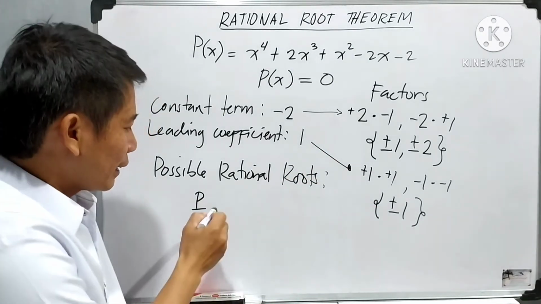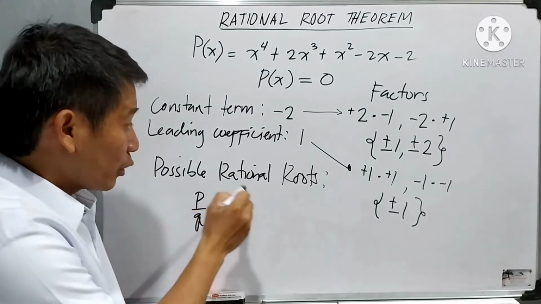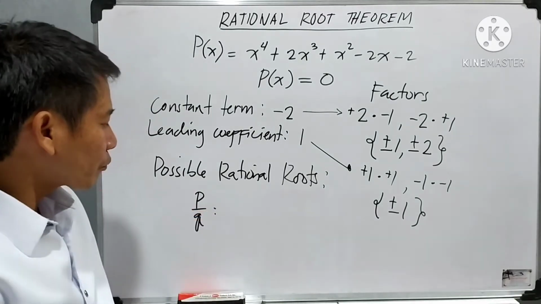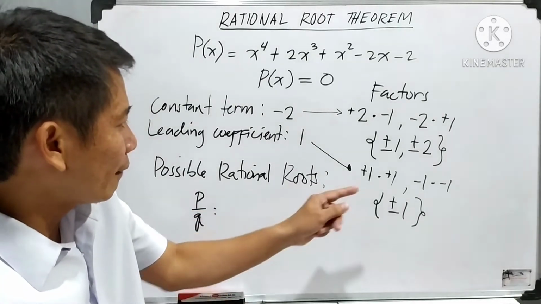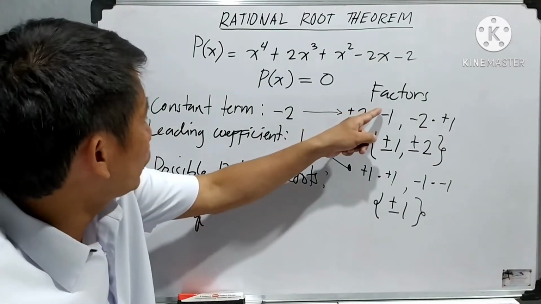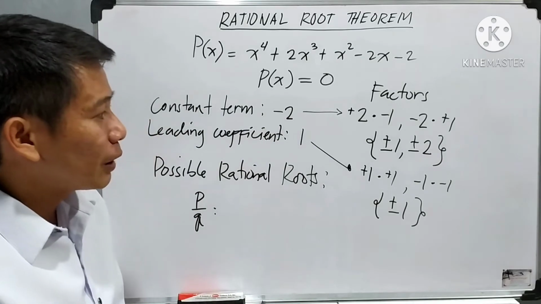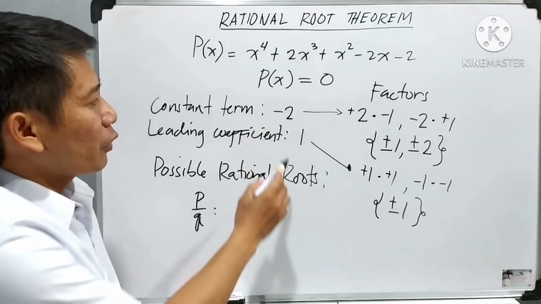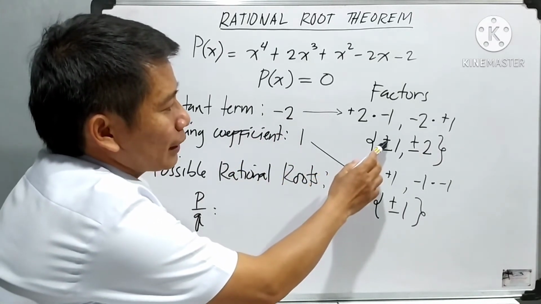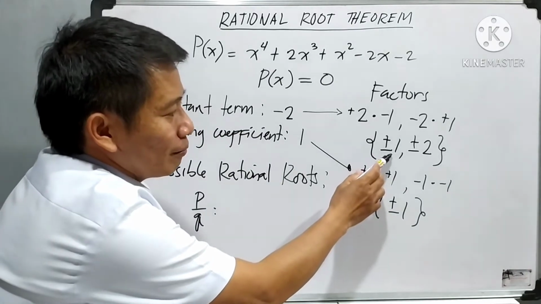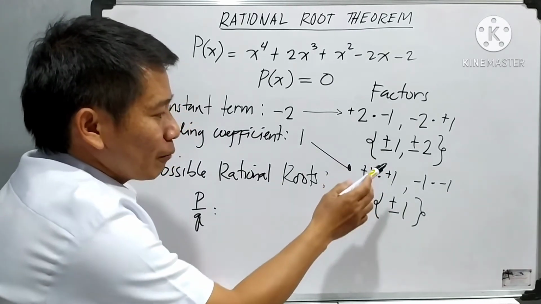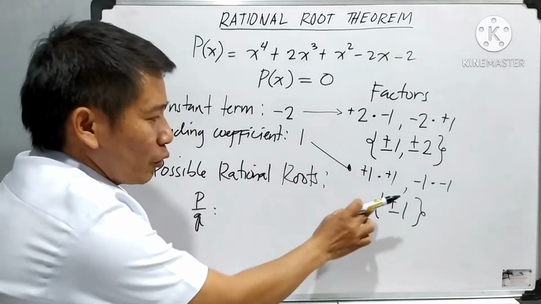So we will list all these rational roots. Okay? So we will get the quotient of our factors of the constant term and the leading coefficient. The factors of our constant term are plus or minus 1. So we will divide that by the factors of the leading coefficient.